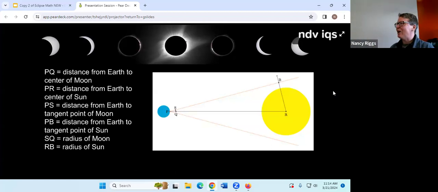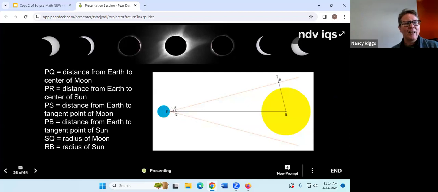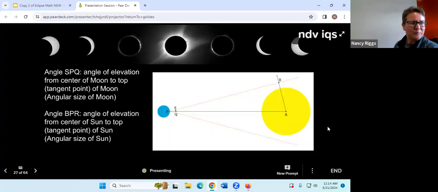And similarly, PR is from me to the sun. PS, that is the distance from Earth to that tangent point. So if we have Neil Armstrong standing on the moon, that would be our tangent point. And similarly, PB is the tangent point to the sun. And then SQ is the radius of the moon. And RB is the radius of the sun.